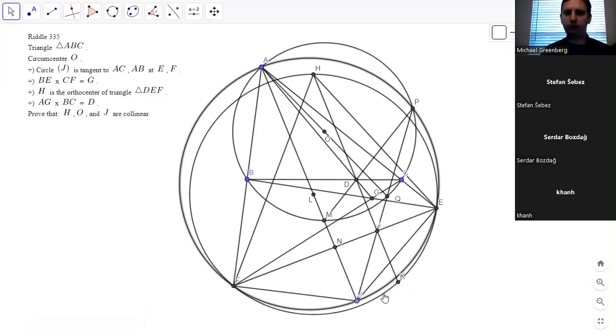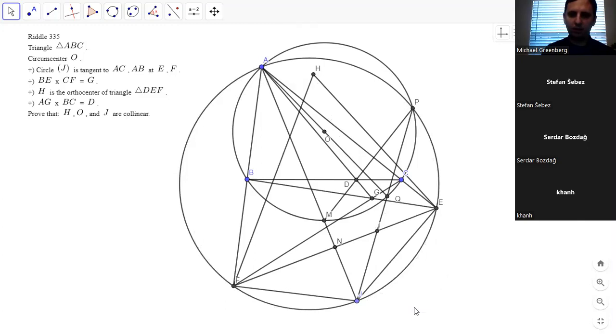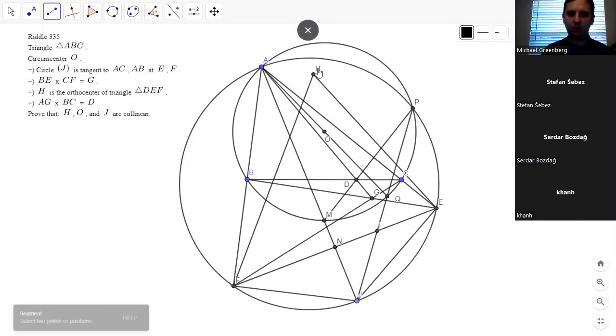Maybe I should get rid of this circle. Do you think I should get rid of this circle? Yeah. All right. So I guess I could just use that HD is 2LN. Well, how should I use it?